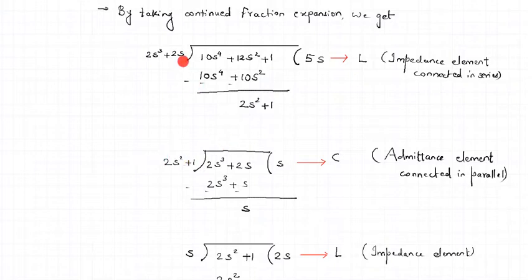So we further continue the division of these two terms, and in the next step we obtain the next quotient to be s. Since the remainder here is still not 0, we need to continue the division.